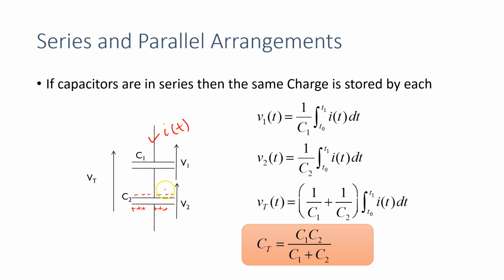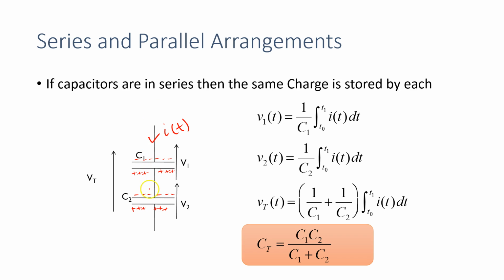This net negative charge could only come from this plate here. That is the only place it is connected, which means I will have the same charge here. So both of these, since they're connected here, will have to carry the same charge. They'll have to store the same charge.